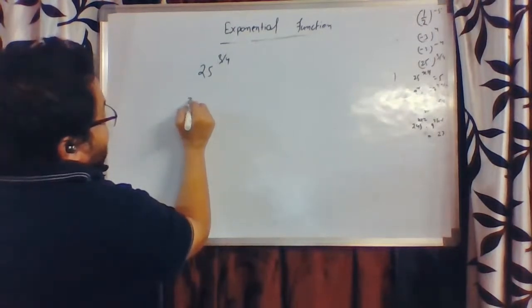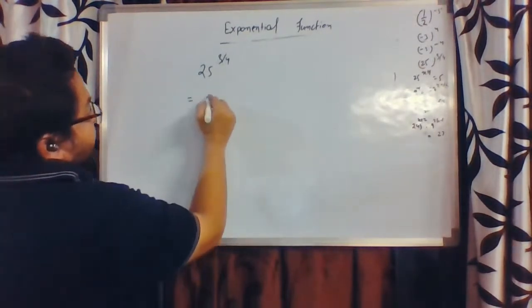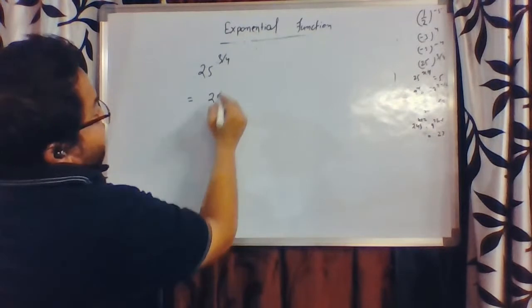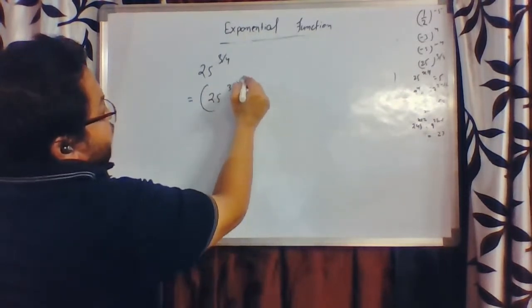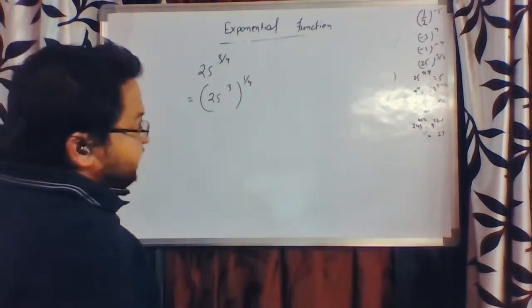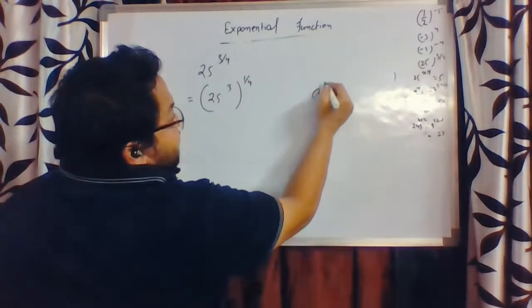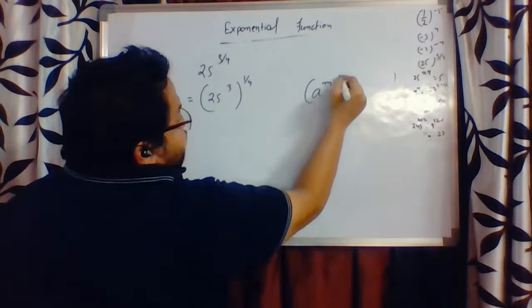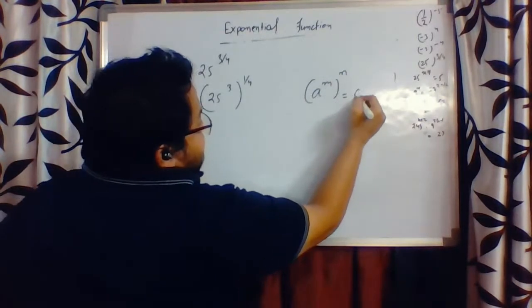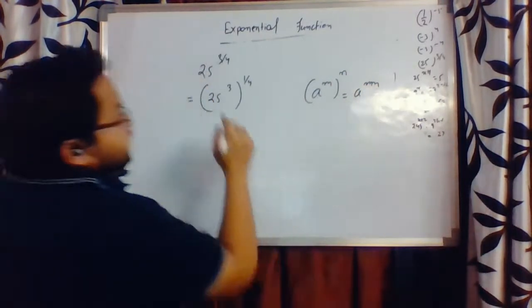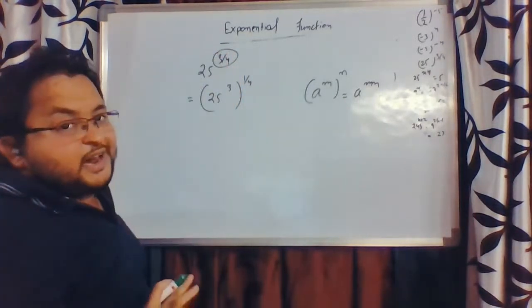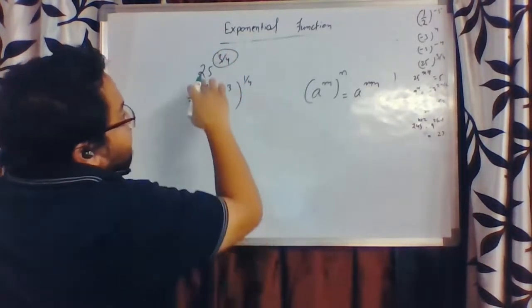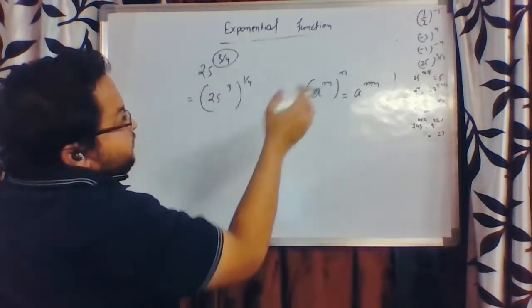We know that I can rewrite it as (25 to the power 3) whole to the power 1 by 4, and the reason is we know (a to the power m) to the power n is nothing but a to the power mn. So see, something is raised to a power 3 by 4. So it is not a direct integer. So I cannot multiply 25 with itself 3 by 4 times and find an answer.